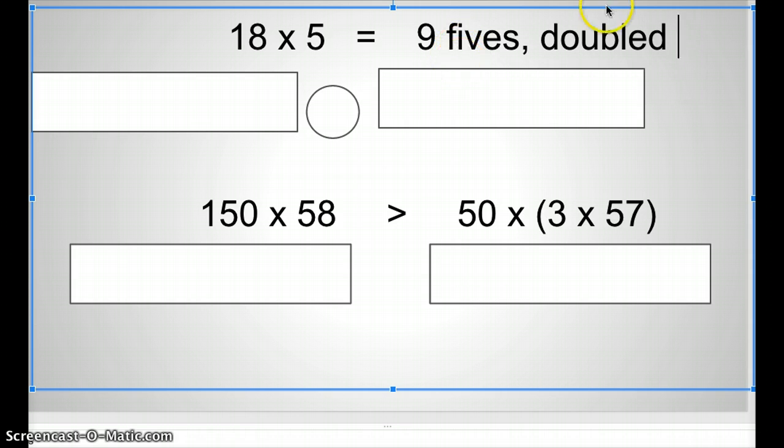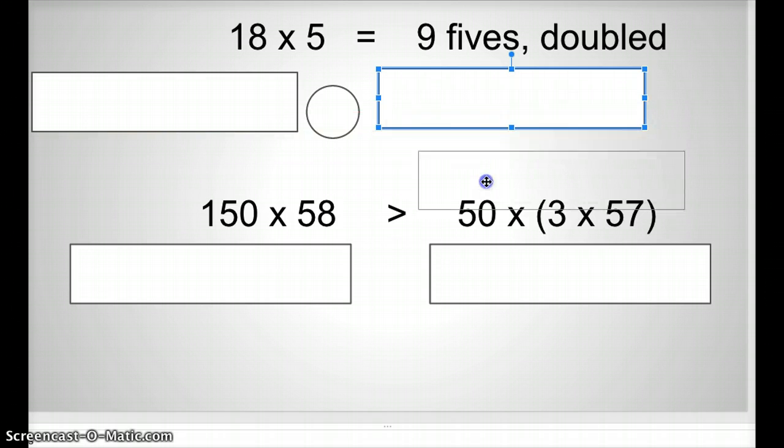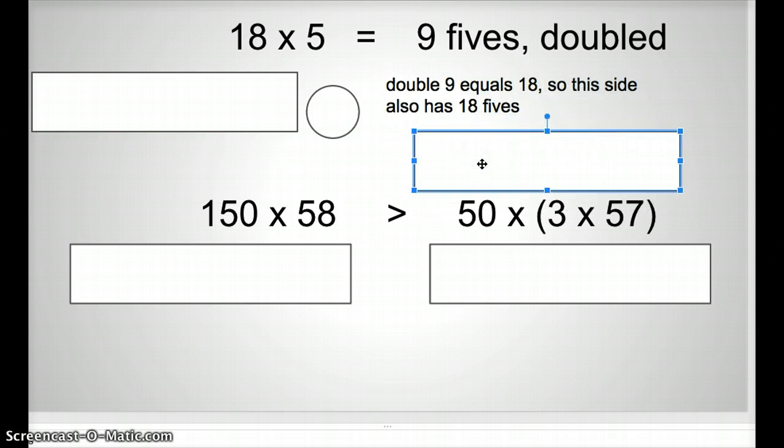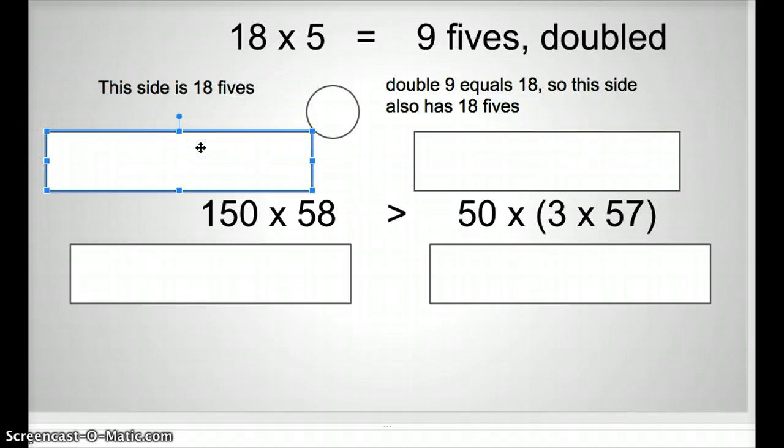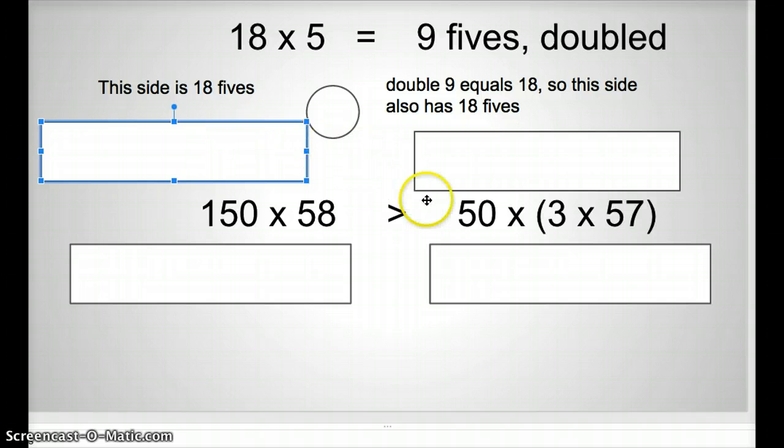So hopefully that did not mess you up too much, but this should have been equal. And this is how you would explain it. Double 9 equals 18, so this side also has 18 fives. This side has 18 fives. That's all you would have to say.